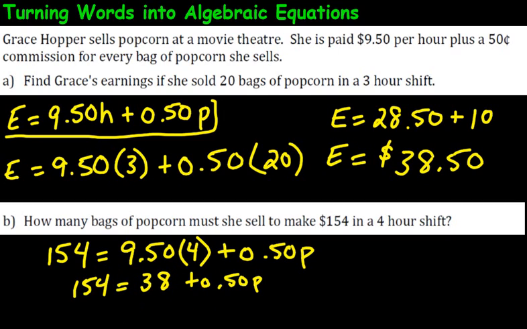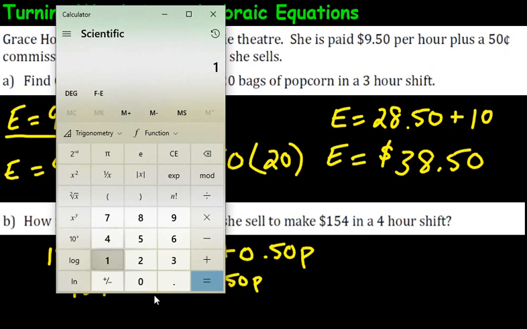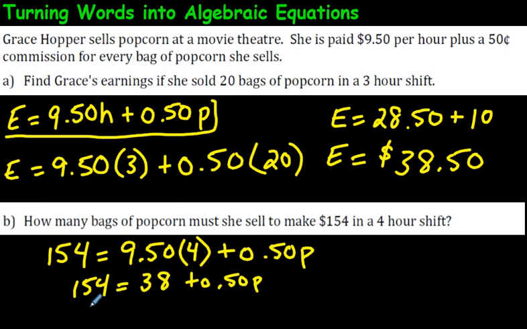We have to get rid of the 38. So 154 minus 38 is equal to 116. 116 is equal to 0.5P. Okay? To get rid of the 0.50, we just divide both sides by 0.50.